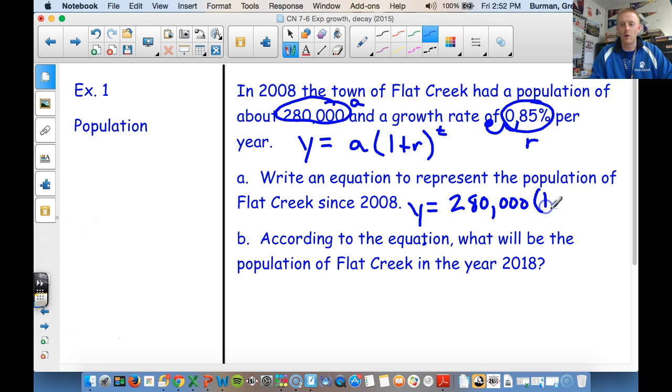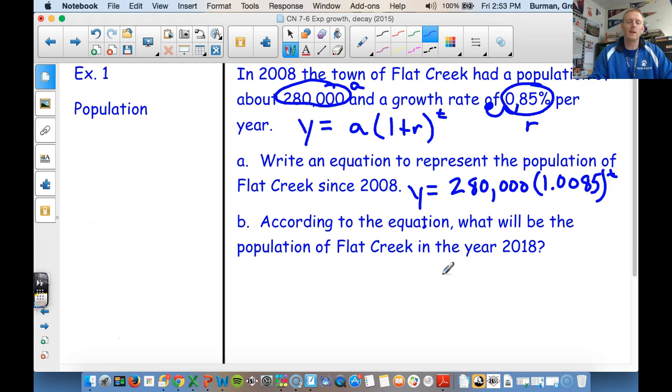So I'm going to do 1.0085, because 0.85% turns into 0.0085 plus that 1 in front, and then to the power of t. And our job will be then to be using t as our input to figure out what y is. And y will be then, of course, the population.